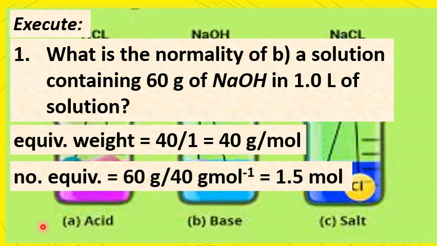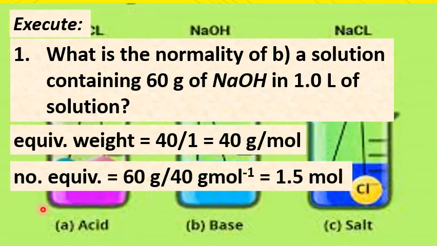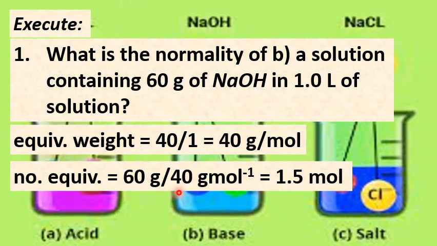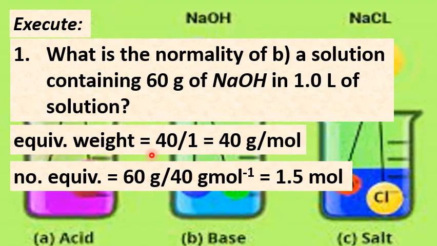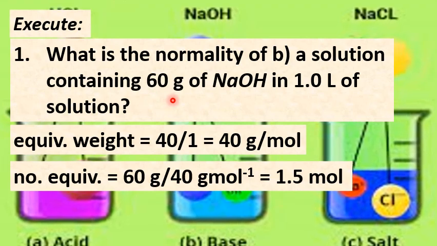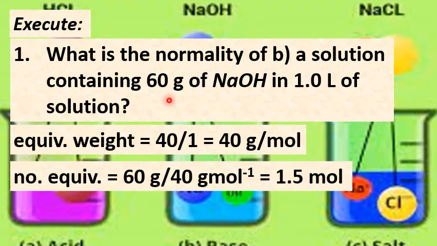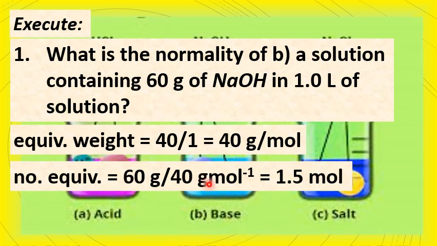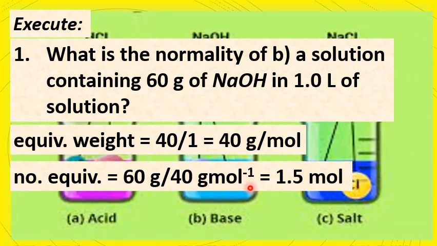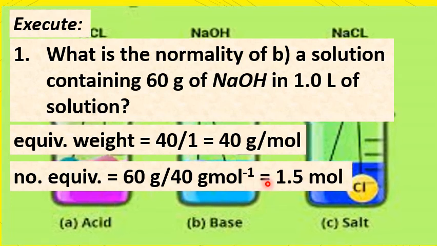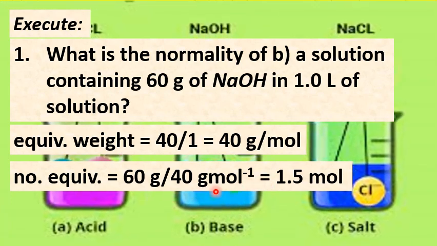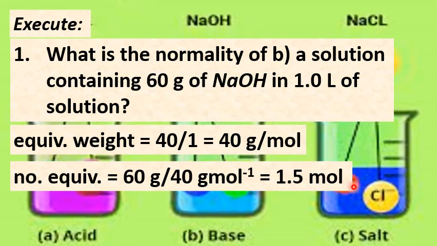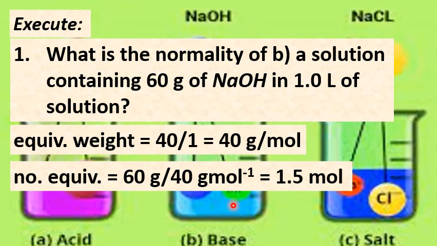And then we now determine the number of equivalents, which is just the mass in grams of sodium hydroxide, that is 60 grams, divided by the equivalent weight, which is 40 grams per mole. And that gives us 1.5 moles as the number of equivalents.